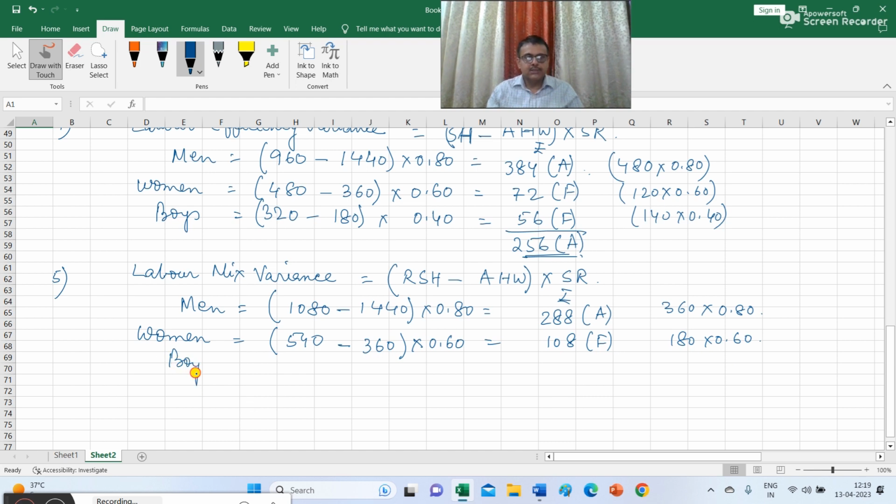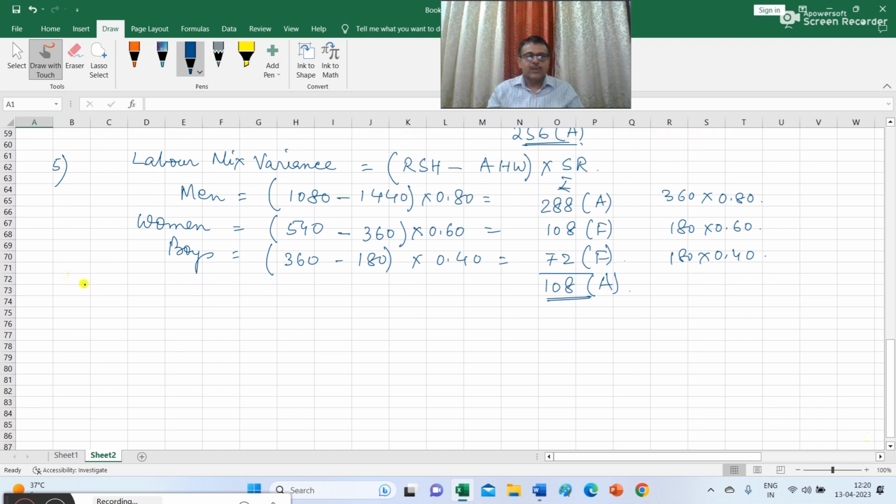And for boys, this will be 360 minus 180 into 0.40 and you will get 72 favorable. So if you add up these three, and this is 180 multiplied with 0.40, 108 adverse. So labor mix variance is 108 adverse.